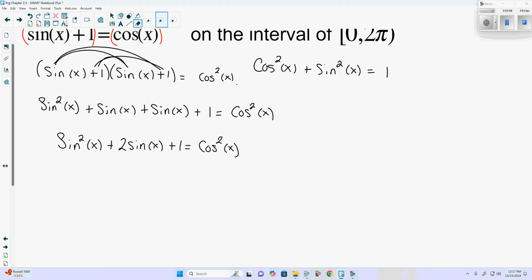We can combine like terms, our sine of x and sine of x. We can add those two together since they are like terms, giving us 2 sine of x.